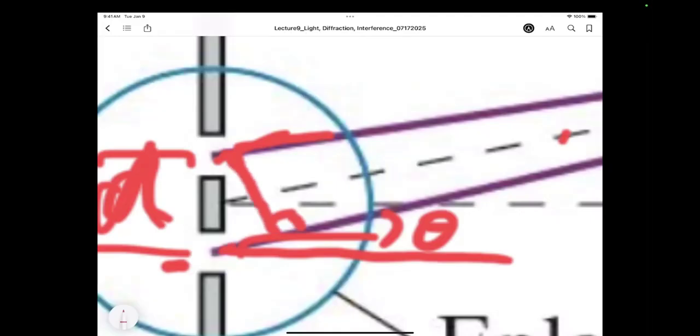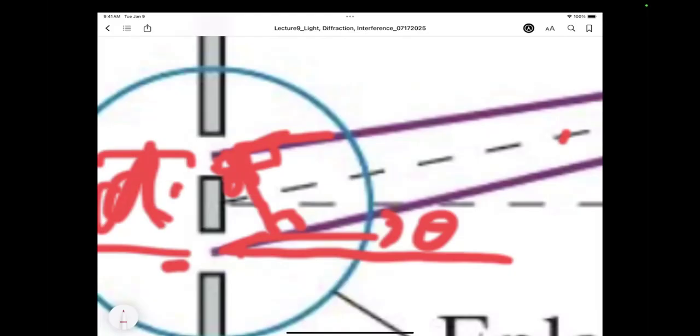Here is a 90 degree angle. Because the paths are parallel, this angle equals this one.